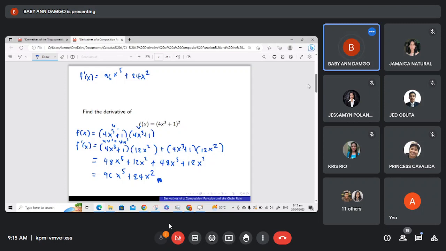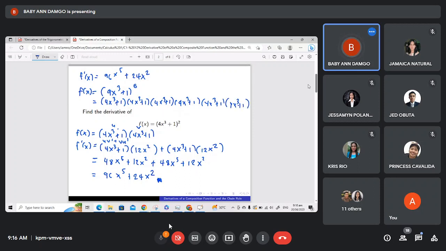So how about if you're given f of x is equal to 4x cubed plus 1 to the power of 6. Okay? So if you use the product rule, it is like 4x cubed plus 1 times 4x cubed plus 1, repeated six times.